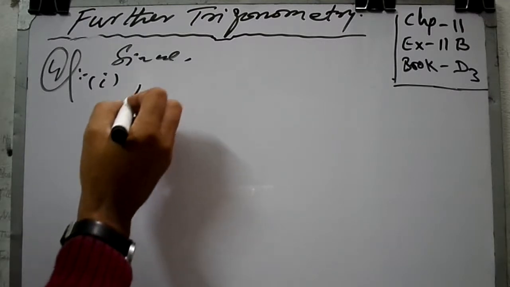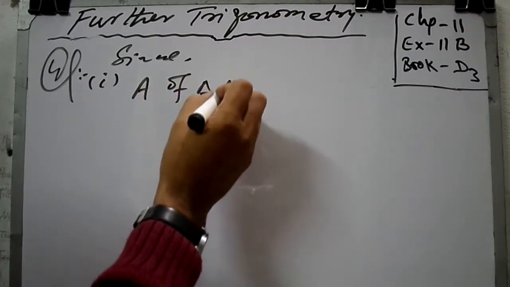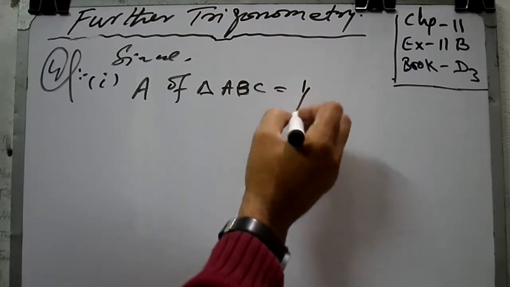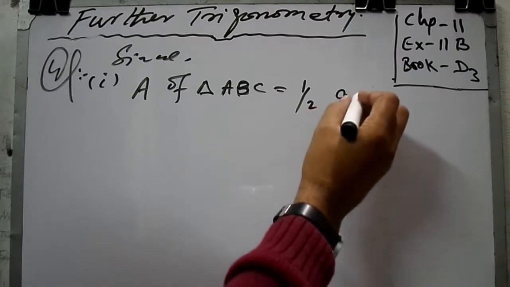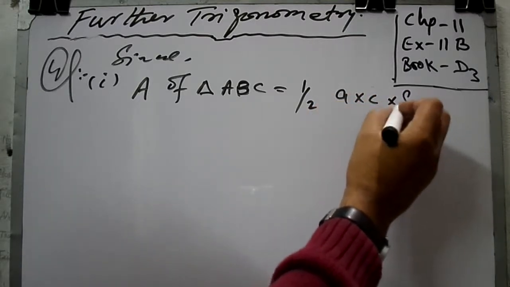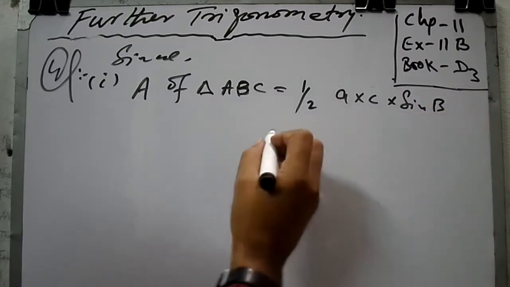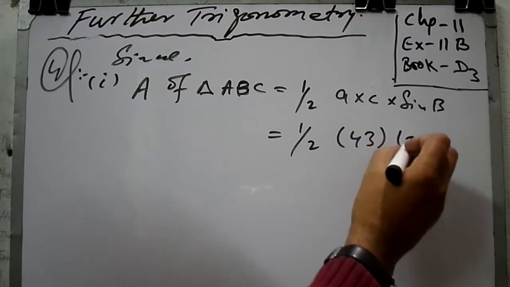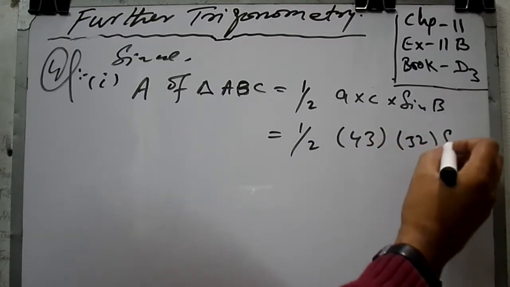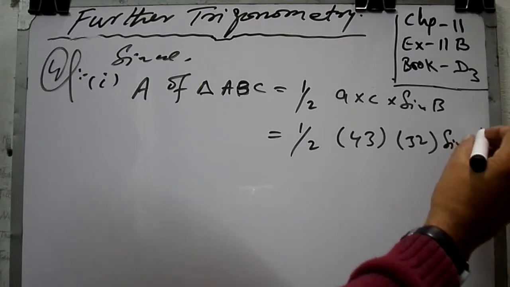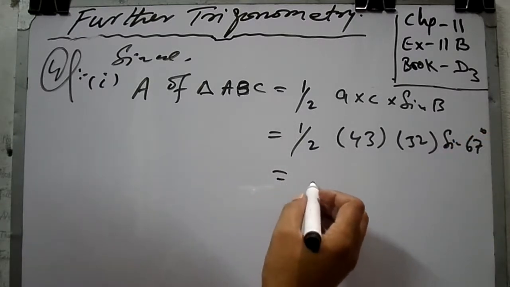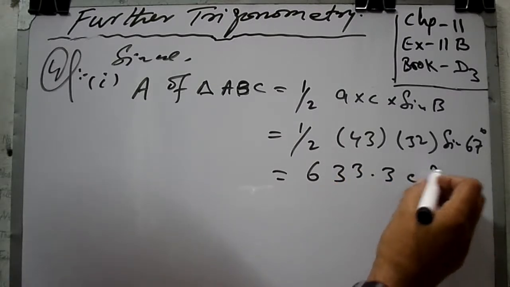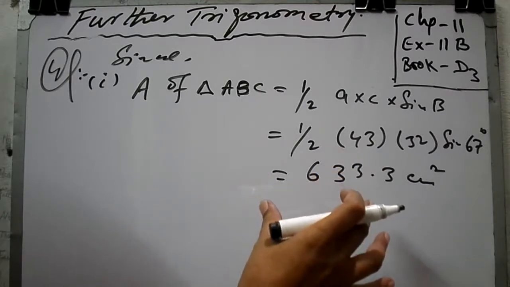So area of triangle ABC is equal to half base into altitude, that is A into C into sine B. So putting the values 43, 32 and sine 67 degree, the result is 633.3 centimeter square.